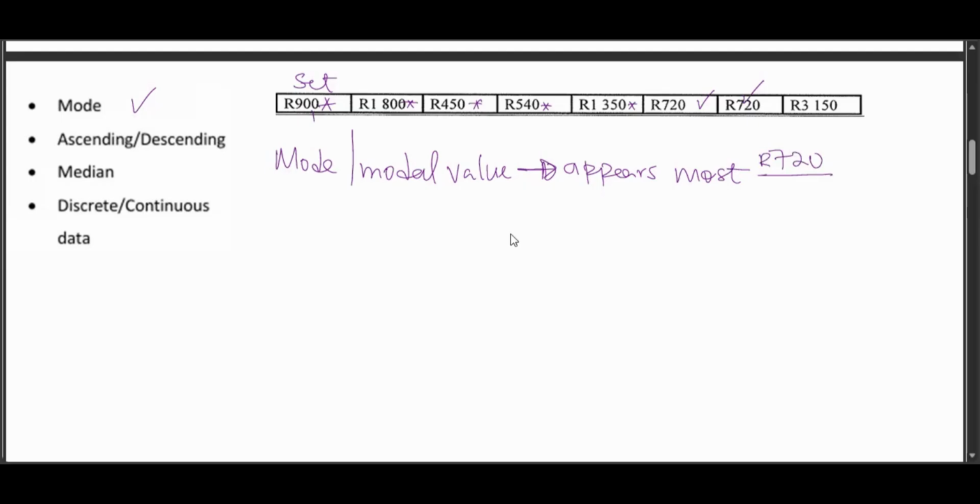Okay, we go on. They're telling us to arrange in ascending or descending order. When you arrange in ascending order, for you to understand it easily, it is from small to big.